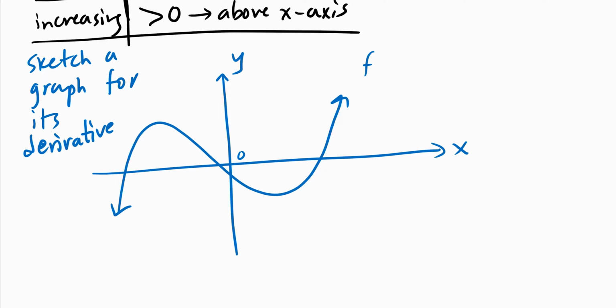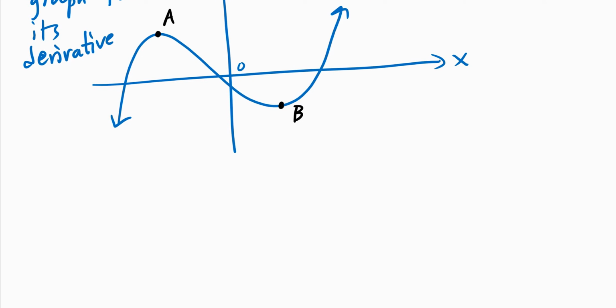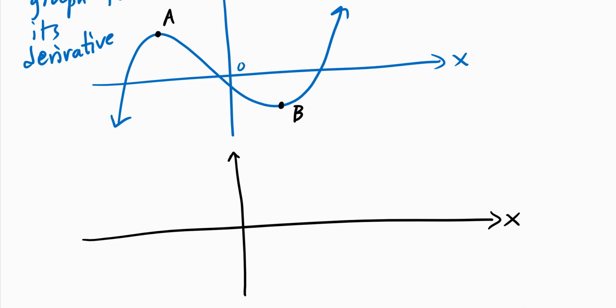So how are we going to graph the derivative of this function? The first thing I'm going to label is this point here, point A, and point B. Those are local min and local max. Those are going to go down on the x-axis. So let me redraw the xy plane.